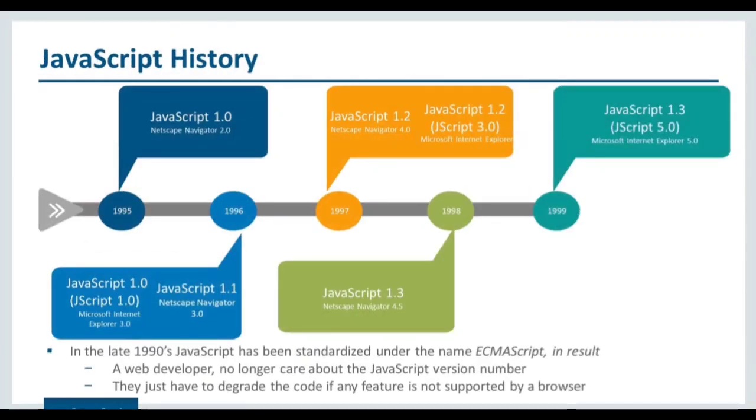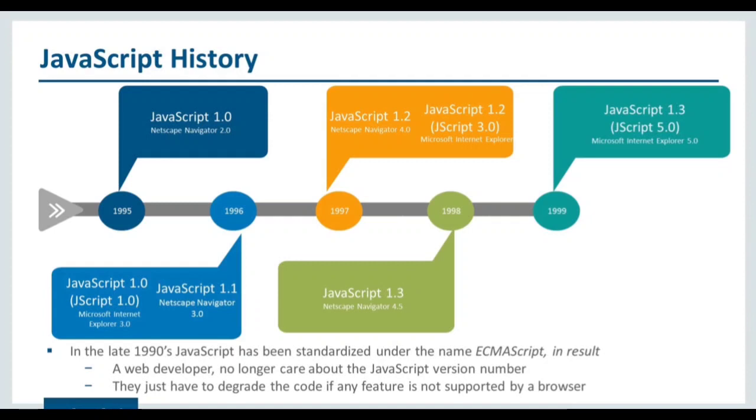History of JavaScript. It was first developed in 1995 with version 1.0, then came 1.1, then in 1997 1.2, 1998 1.3, and then we started calling it JScript 5.